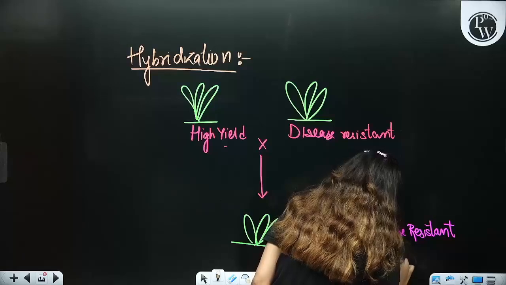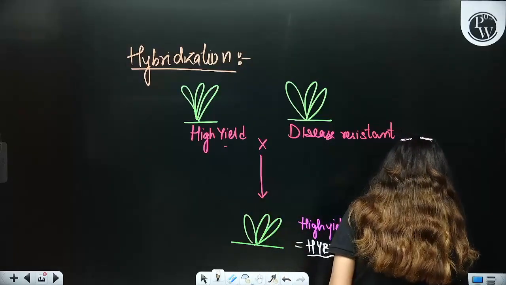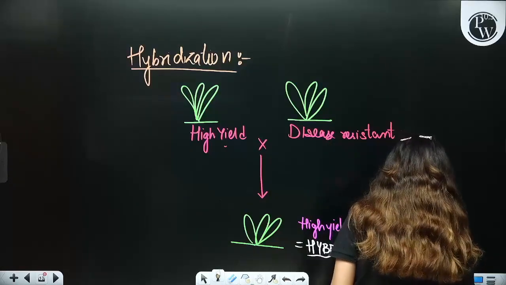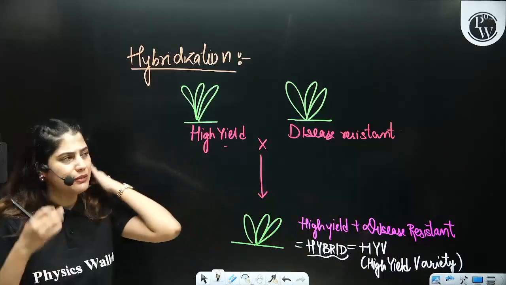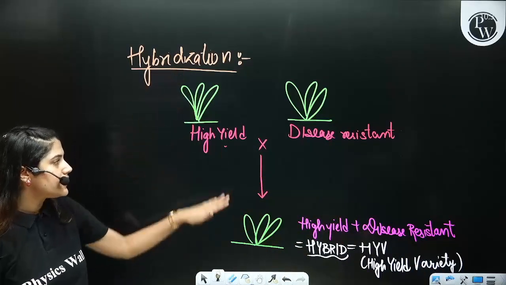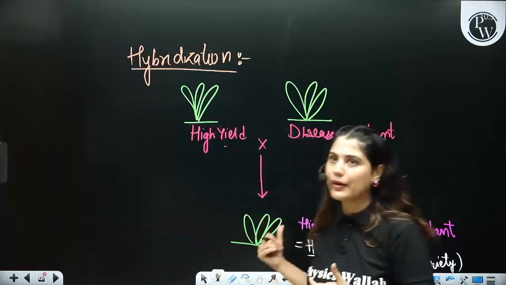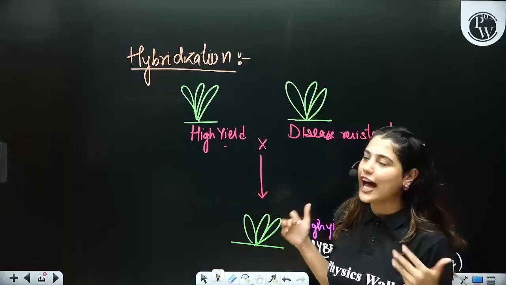HYV means it is going to yield you a good amount of crops. Making sense, yes or no? Tell me, is it making sense? So this process is called hybridization, where we are making a hybrid having characteristics of both, and both the characteristics are very desired, very great.